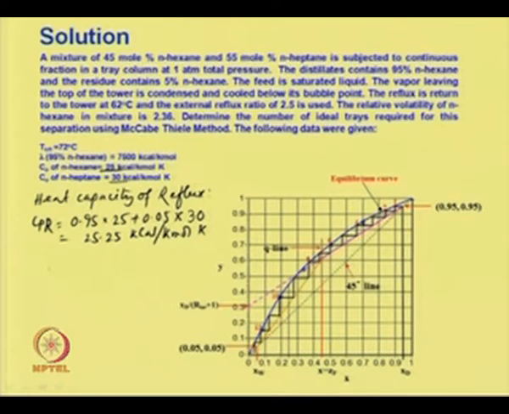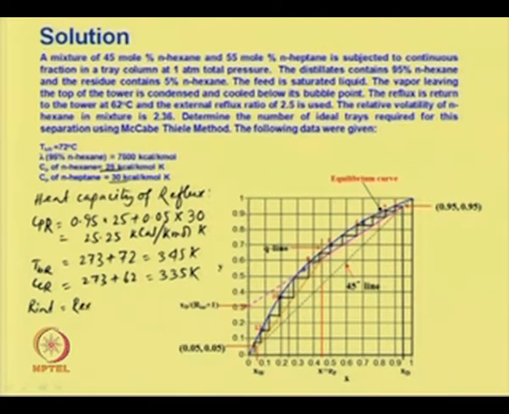Now, TBR is given, TBR which is equal to 273 plus 72, which is equal to 345 K, and TCR is 273 plus 62, which is 335 K. And we know that R internal would be equal to R external into 1 plus CPR into TBR minus TCR divided by lambda.